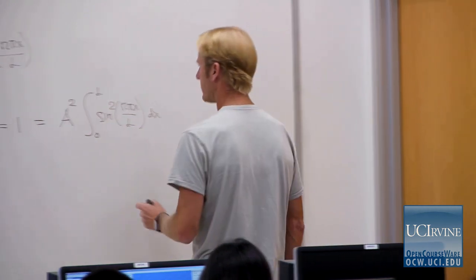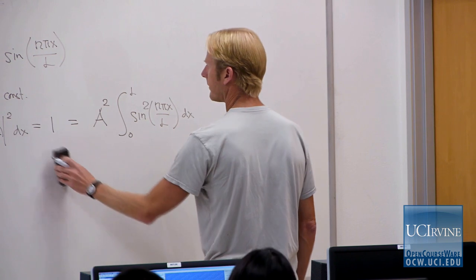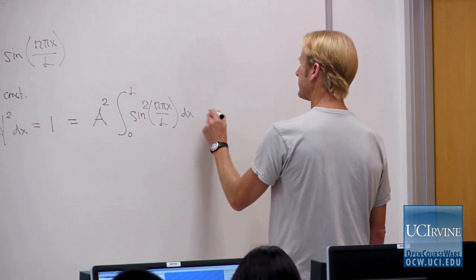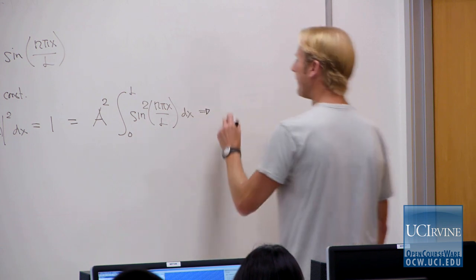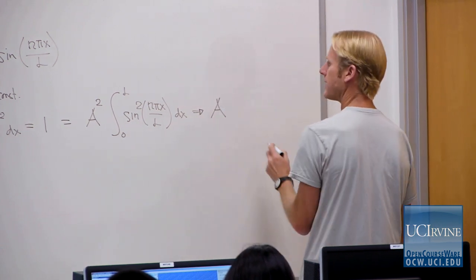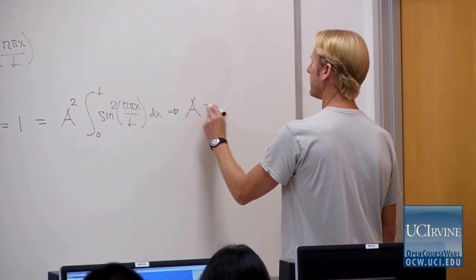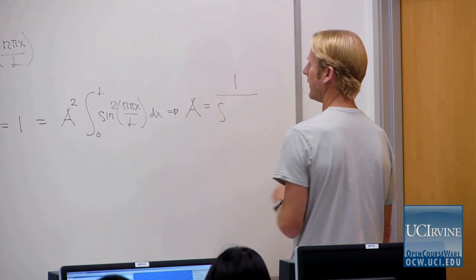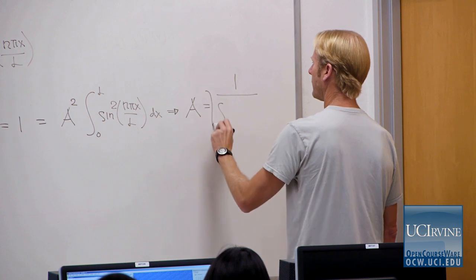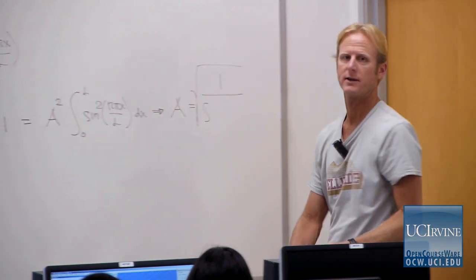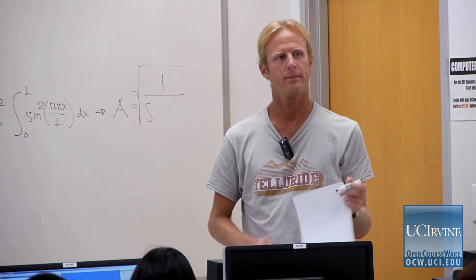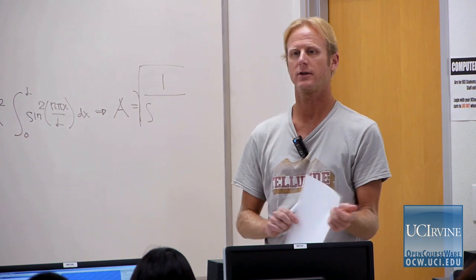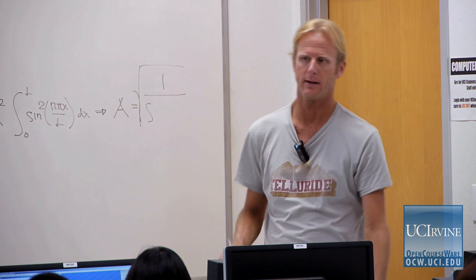So in other words, A is then going to be equal to the square root of 1 divided by that integral. So that's how we determine the normalization constant. Okay, so let's do that for this wave function using Mathematica.